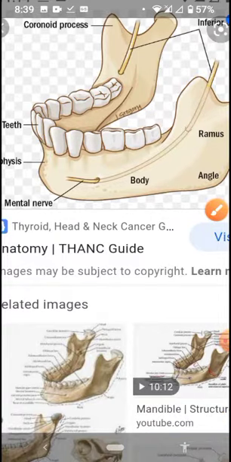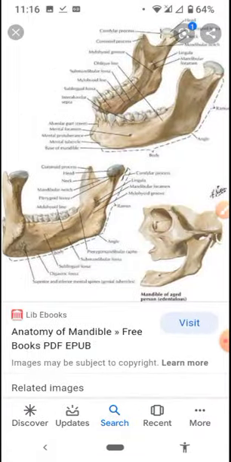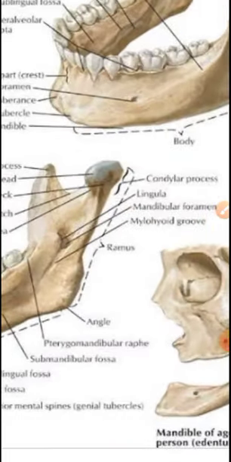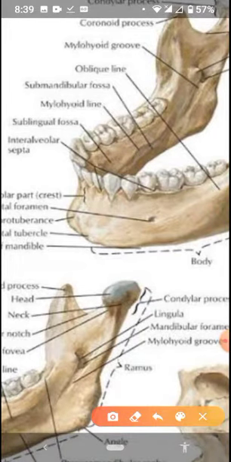I will go into another picture, because in this picture many things are clear, so we will discuss with this picture. So this is the symphysis menti, and if we go into detail about the anterior aspect of this mandible bone, we will discuss some points.